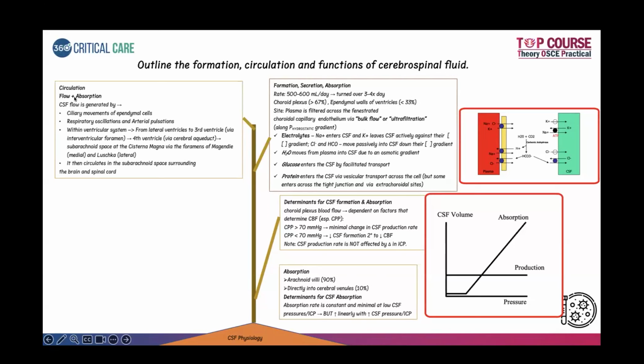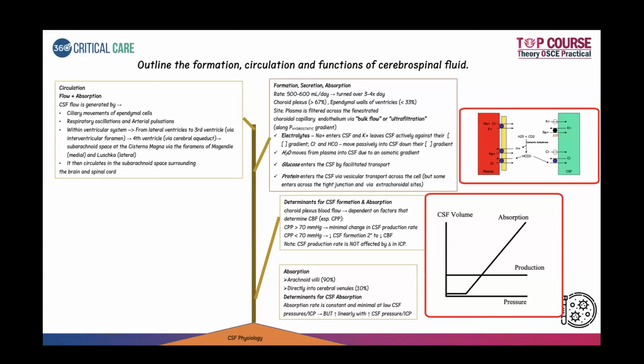Now, circulation, CSF flow. CSF flow is generated by the ciliary movement of the ependymal cells. Respiratory oscillation and also arterial pulsation cause CSF movement. How do you know that? If you transduce a CSF pressure, you will have a similar waveform to that of an arterial waveform.